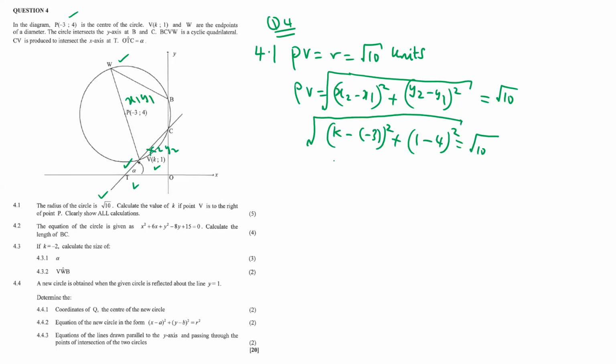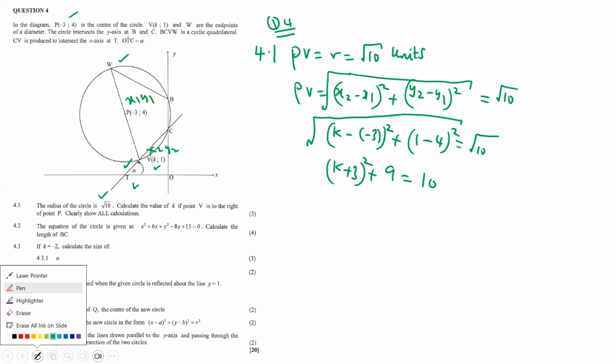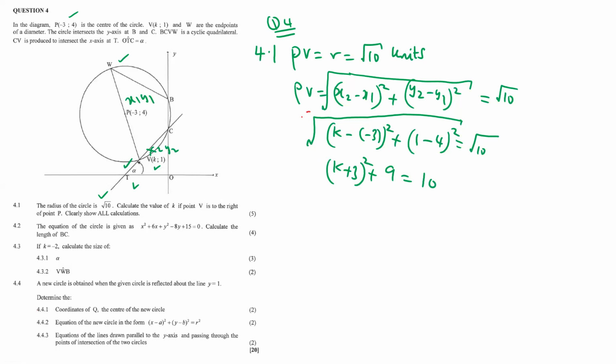So you square both sides, so this is k plus 3, squared, plus 1 minus 4, which is minus 3, squared, which is 9. And you square both sides here, you get 10. Right, obviously we remember the method of squaring both sides is as follows.